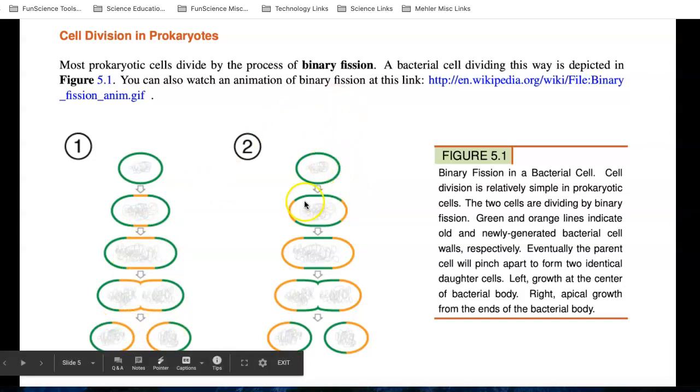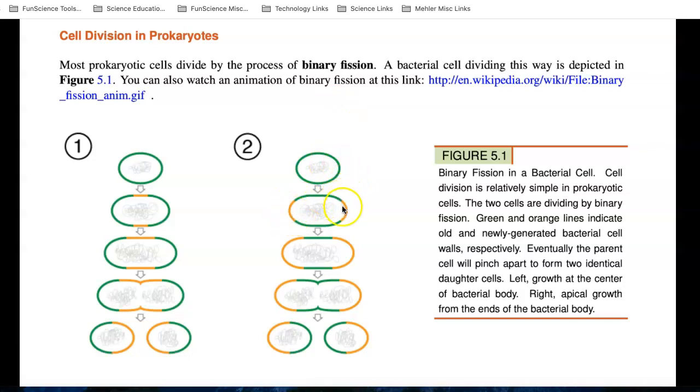Let's go to number 2 now, though, and you can see that the growth occurs at the ends of the bacteria cell. So it's just two different ways that the new growth starts. But the overwhelming majority of bacteria cells will reproduce by binary fission.